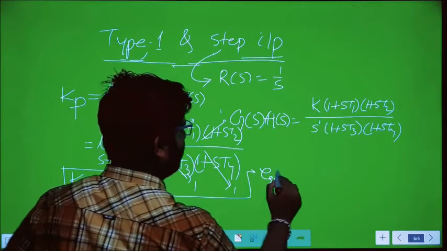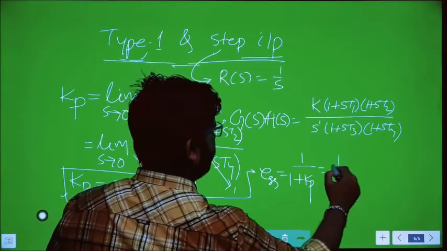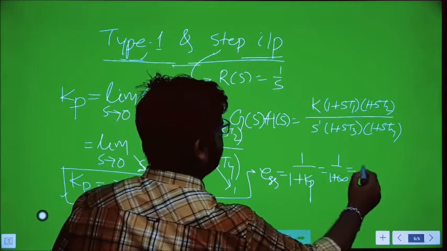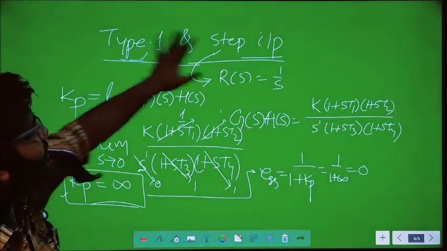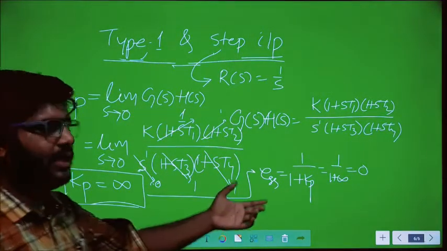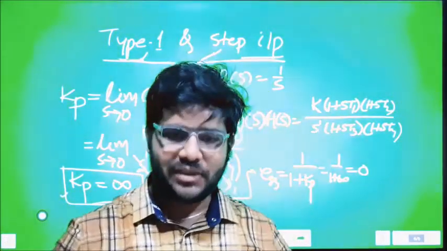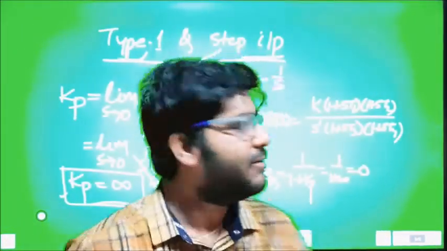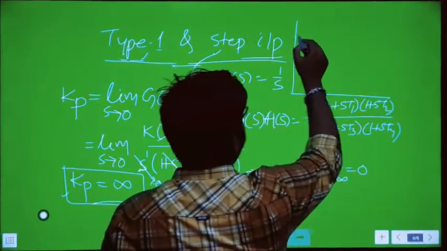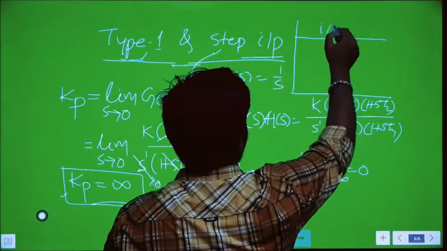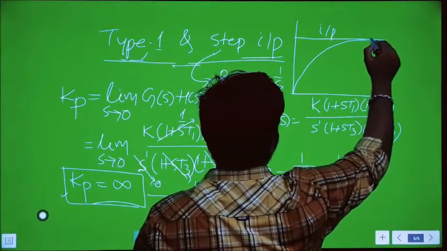Once my Kp becomes infinite, what is my ESS? ESS is nothing but 1 by 1 plus Kp, which is 1 by 1 plus infinite, equal to 0. Clear? So in a type 1 system with step input, my steady state error is 0. That means my system is very perfect, no error. If you plot the graph, my output will reach the input location exactly.